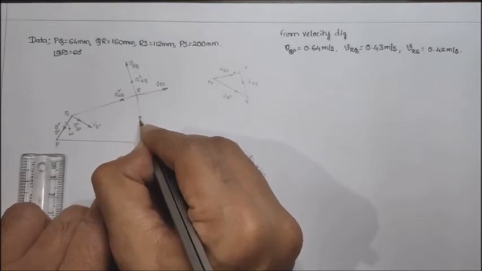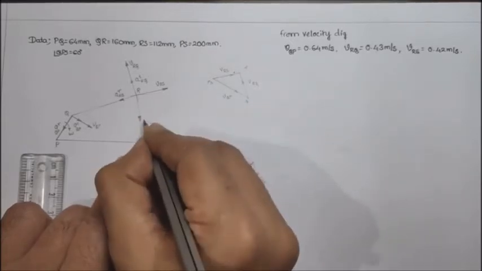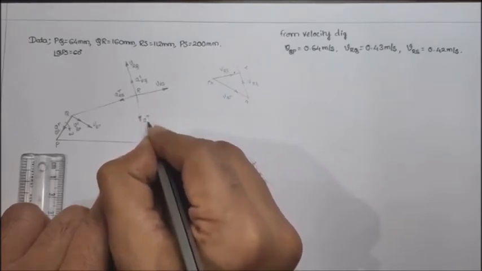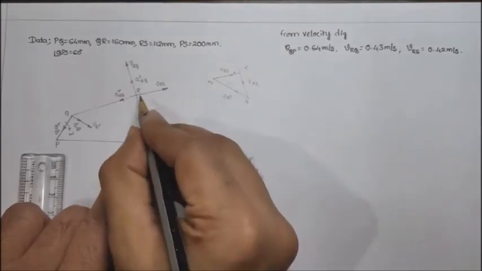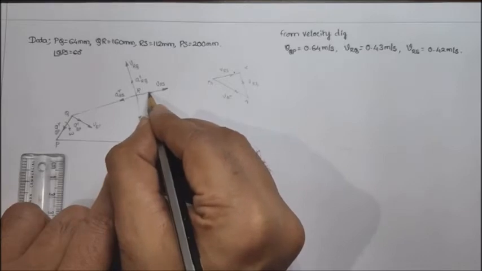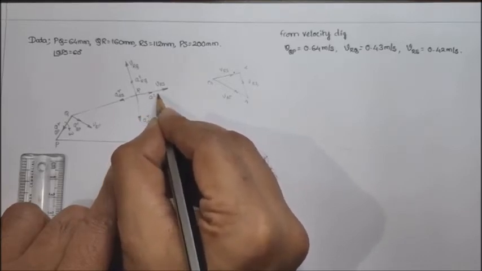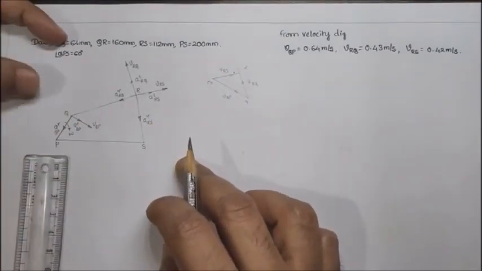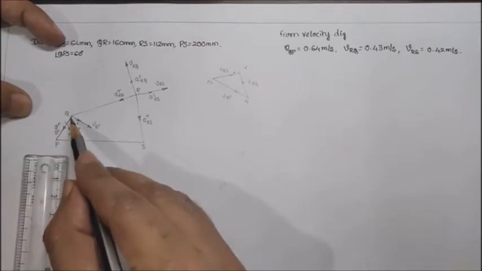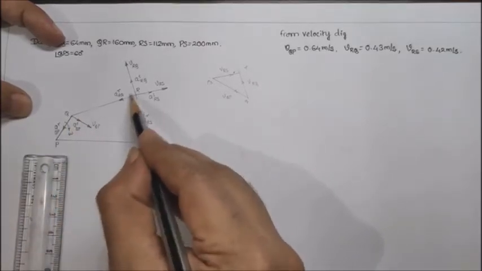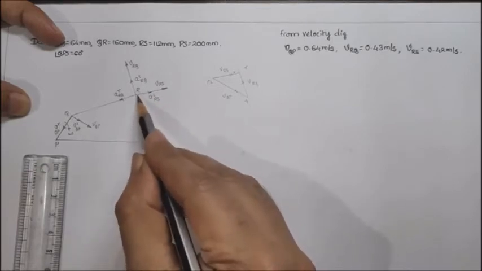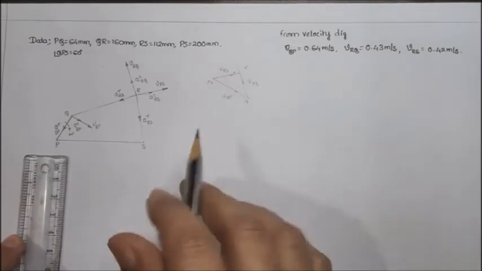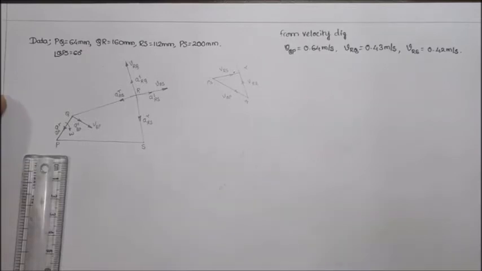Here it will be downward, so it will be the acceleration radial component of R with respect to S, and we have a velocity here, so it will be acceleration tangential of R with respect to S. So these are our relative components: radial, tangential, radial, tangential, radial and tangential. Using these radial and tangential components, we have to find the other acceleration values.